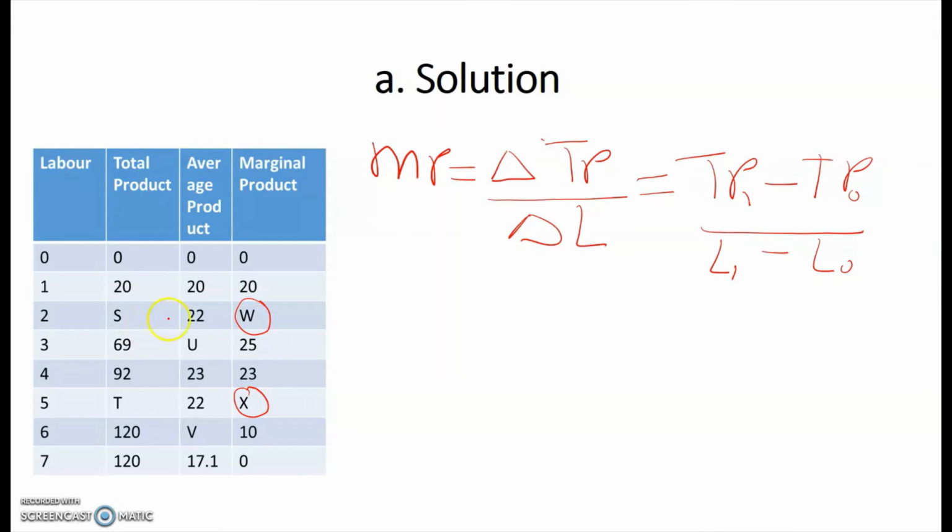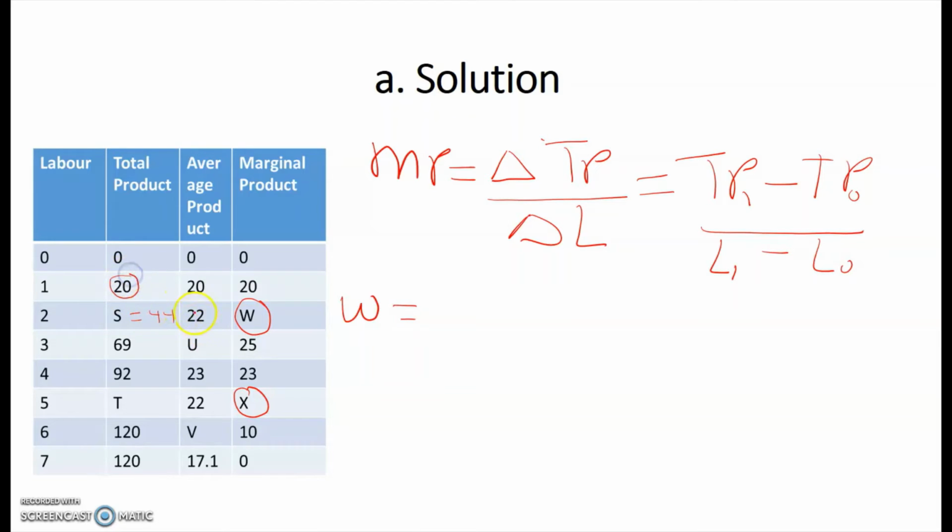So if we are asked to calculate for W, W will be the difference between S, which we got as 44, and 20.